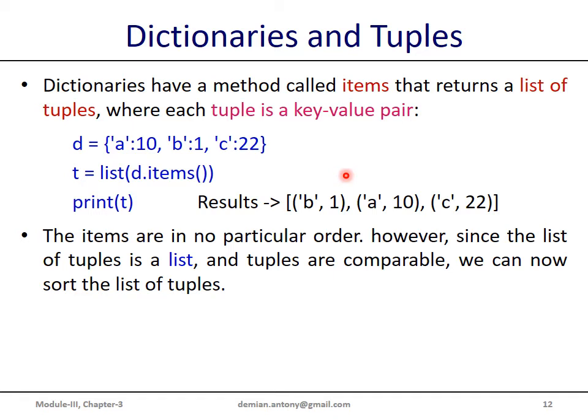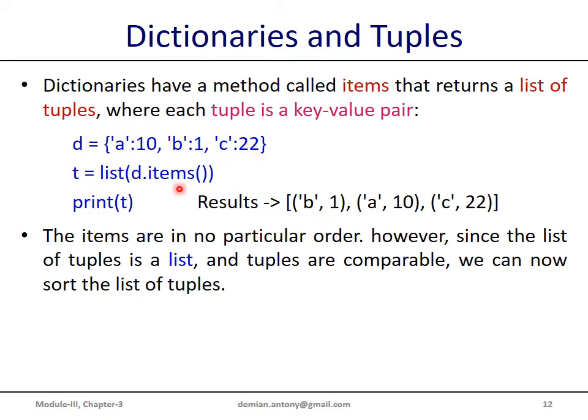Dictionaries have a method called items, which returns a list of tuples where each tuple element is a key value pair. Let's take up one example. We have a dictionary d with three elements having keys a, b, c with values 10, 1 and 22.